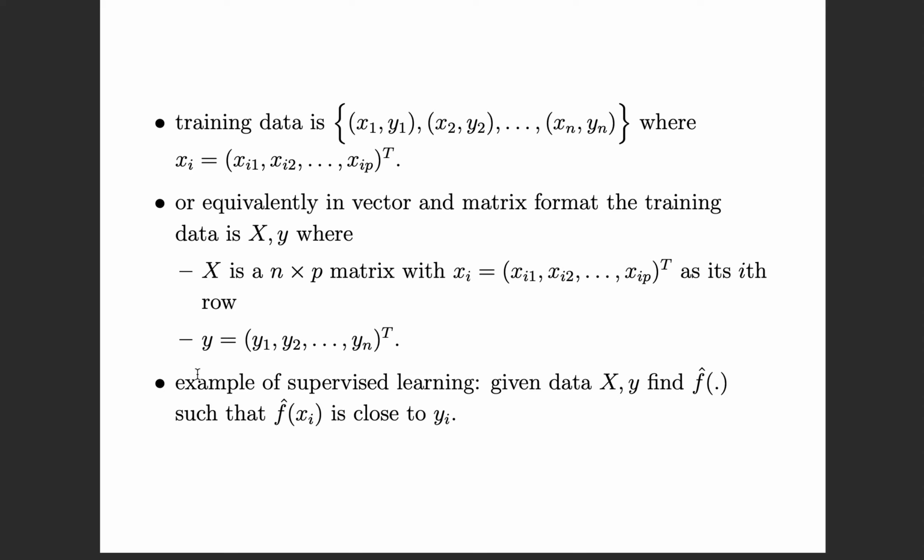And then we place all the responses in one vector, y1 to yn. An example of supervised learning is that we give you y and x, find f hat, such that f hat is close to yi.